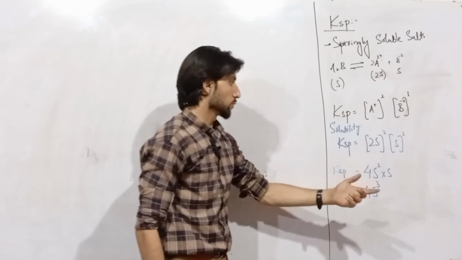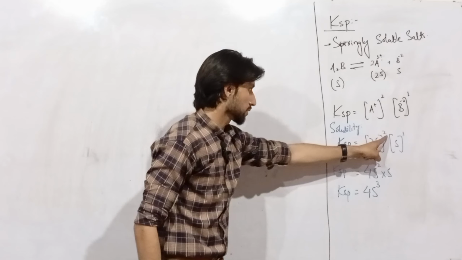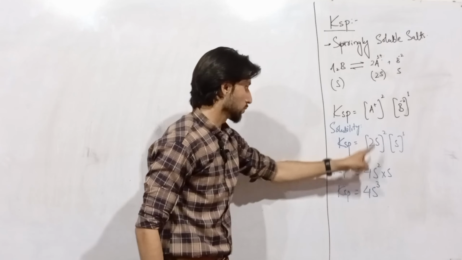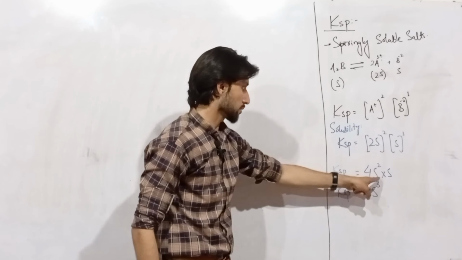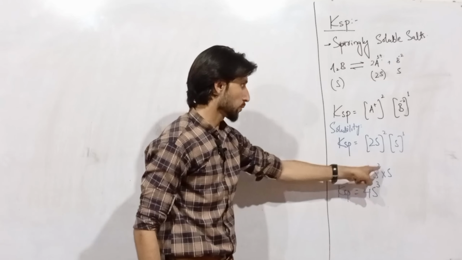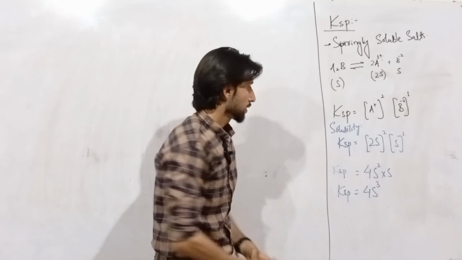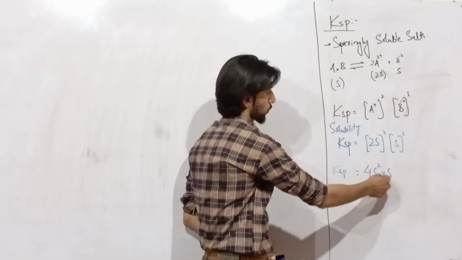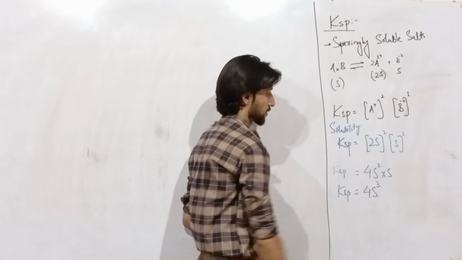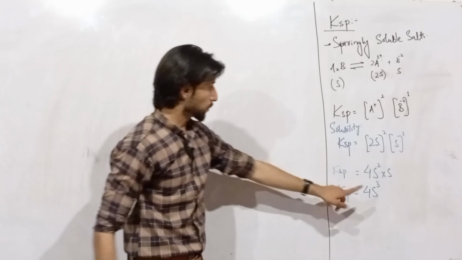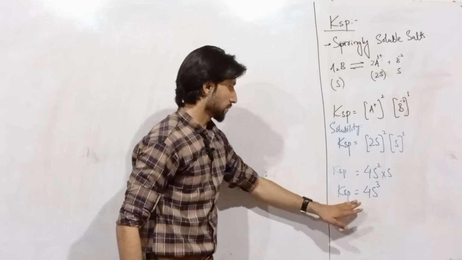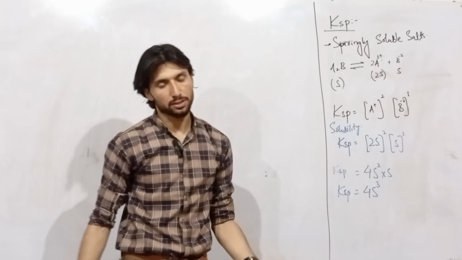From here I can do the calculations: 2 to the power 2 becomes 4, and S to the power 2 multiplied by S becomes S cubed, with 4 in its place. So now if I am given the solubility, I can find the solubility product very easily.